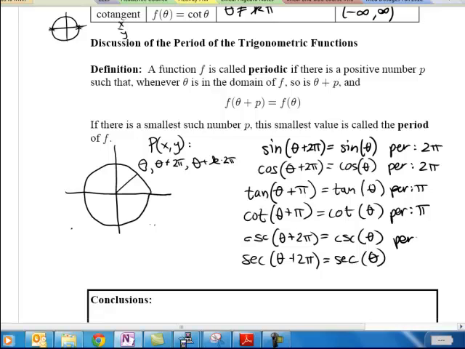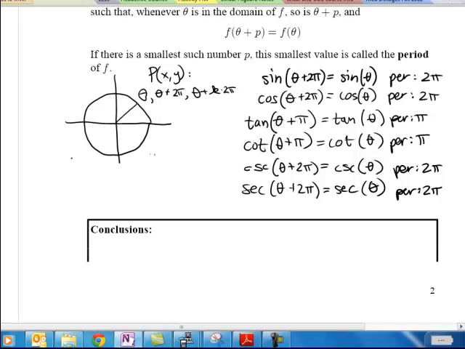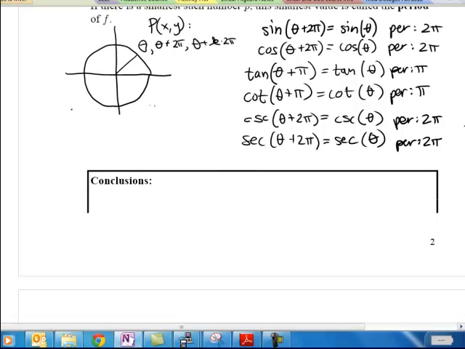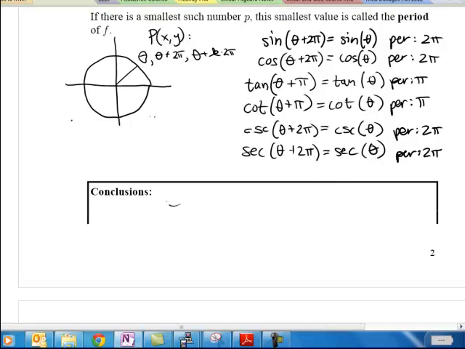So those also have period 2 pi. So most of these functions have period 2 pi. Tangent and cotangent happen to have a shorter period because they start to repeat on an interval of pi instead of an interval of length 2 pi. So the conclusions that we got are right here.